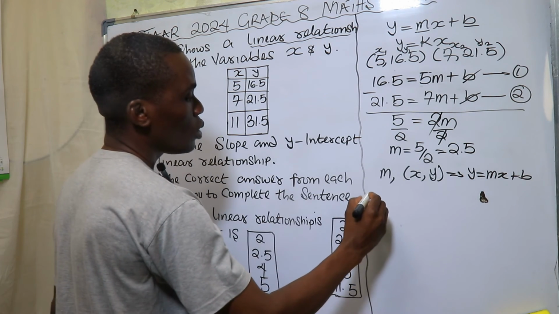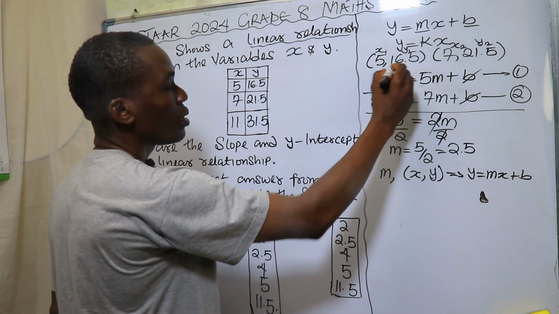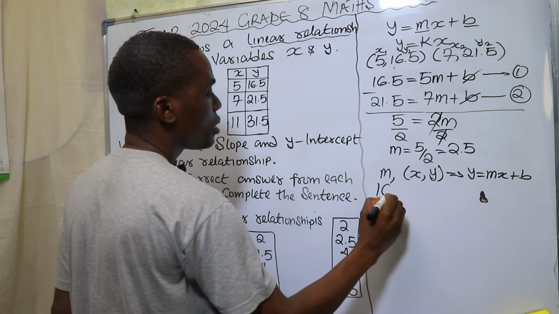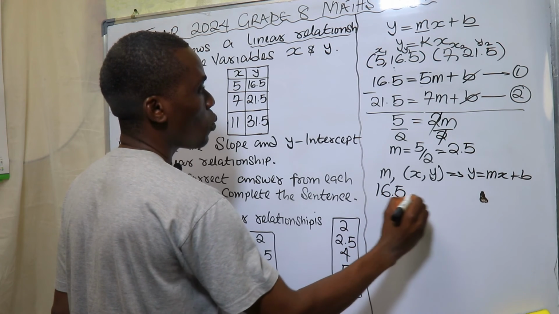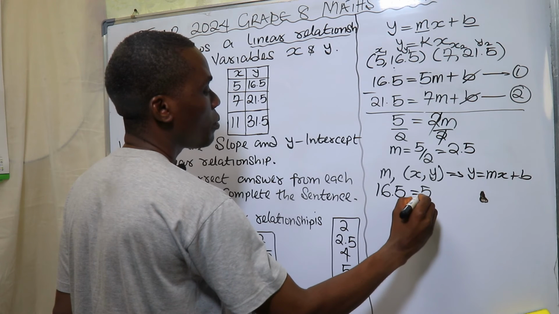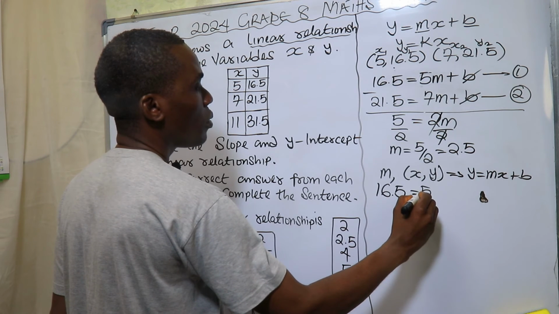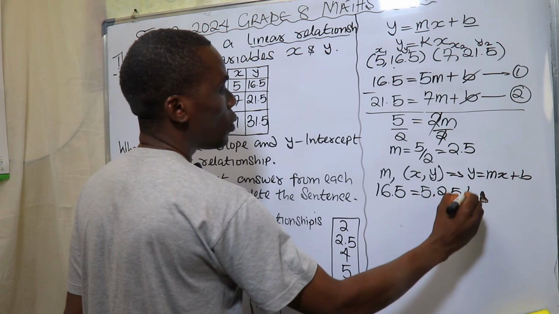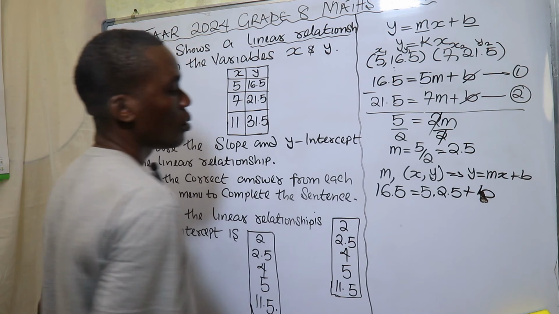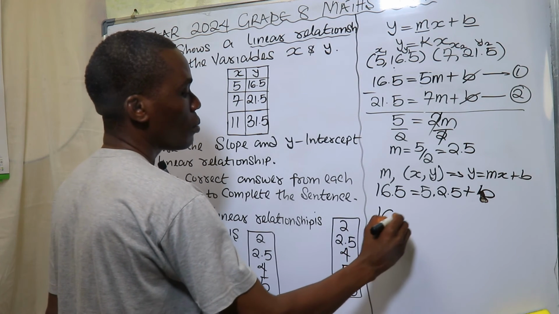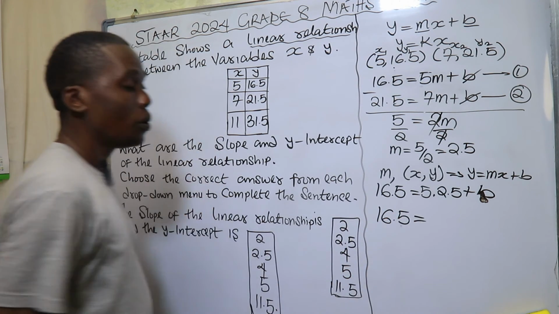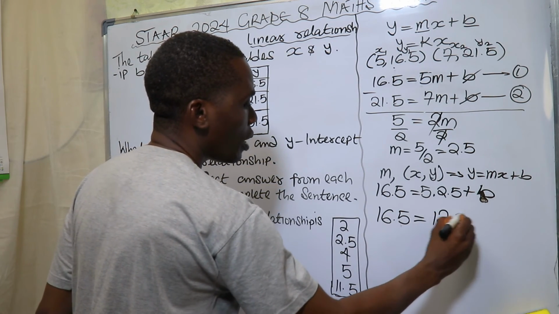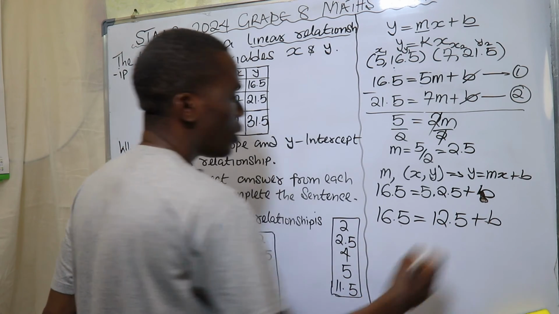Now if we insert that, let's take 16.5 as y equal to 5 multiplied by 2.5, plus b. So this is going to give us 16.5 equal to 12.5 plus b, right?